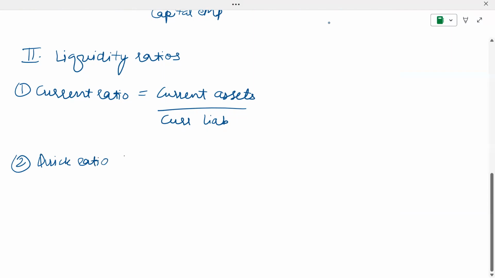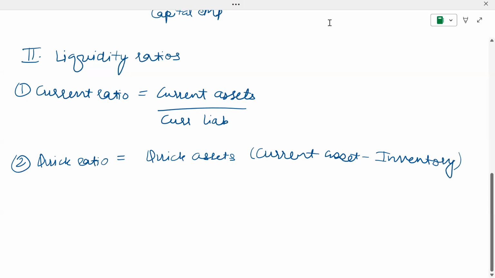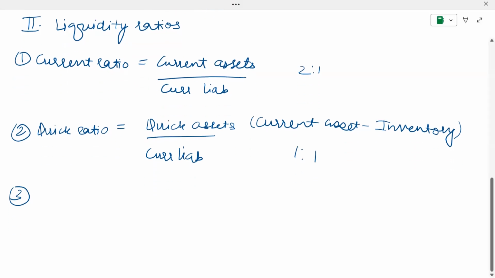Quick ratio can be found out using quick assets, or what you can also say are current assets minus your inventory, and you divide this by the current liabilities. With this, you arrive at the quick ratio. The ideal current ratio is 2:1 and the ideal quick ratio is 1:1, just to remember this.